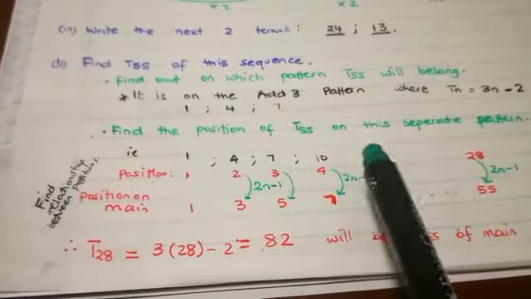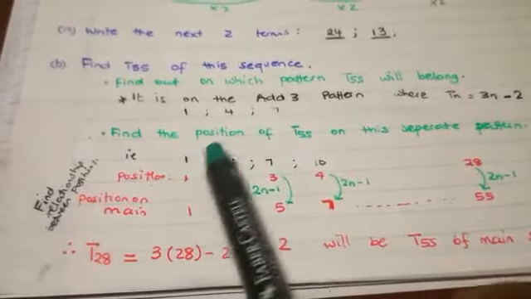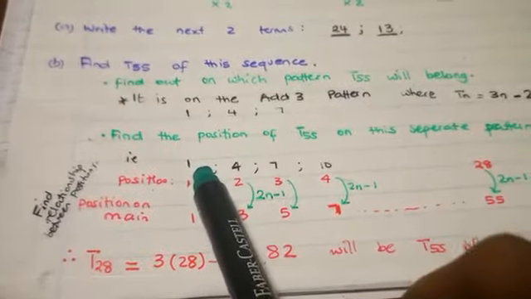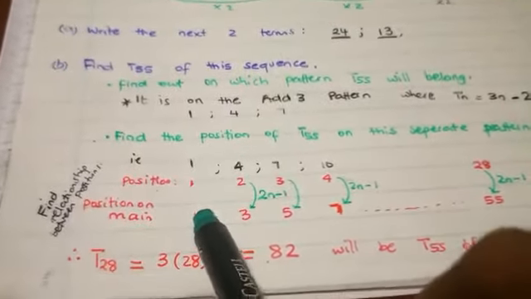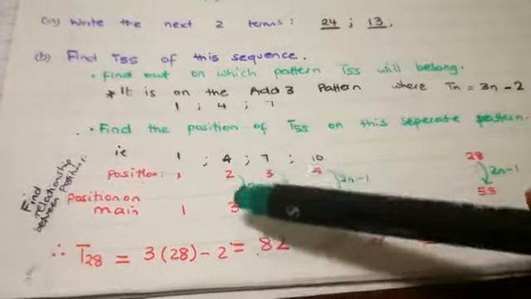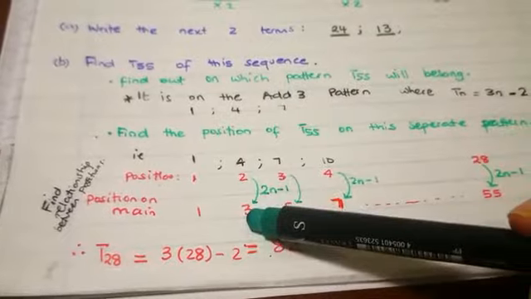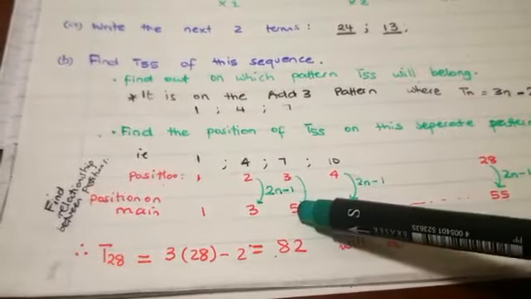So that's what I did here. I said 1, 4, 7, so these are the terms 1, 4, 7, and 10. So 1 was position 1 of this sequence, and it is also position 1 of the main sequence. 4 is position 2 of this sequence, and it is position 3 of the main sequence. And 7 is position 3 of this sequence, and it is position 5.